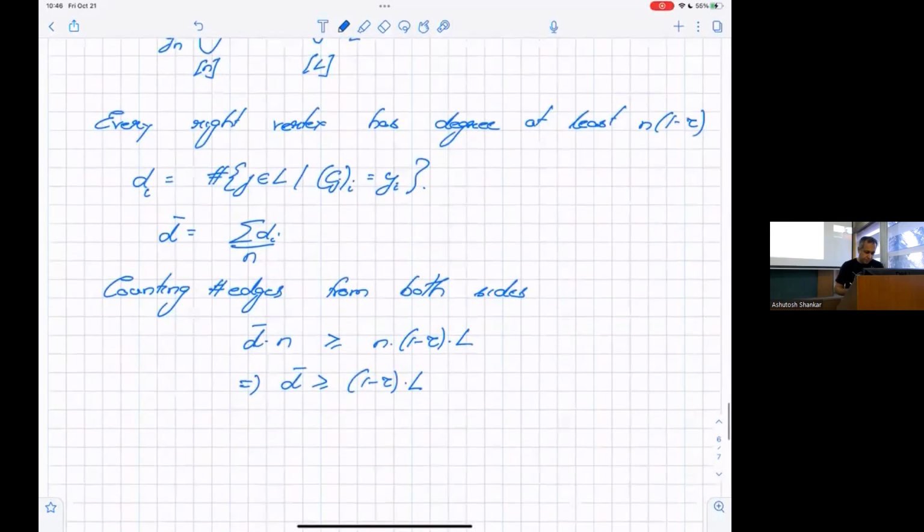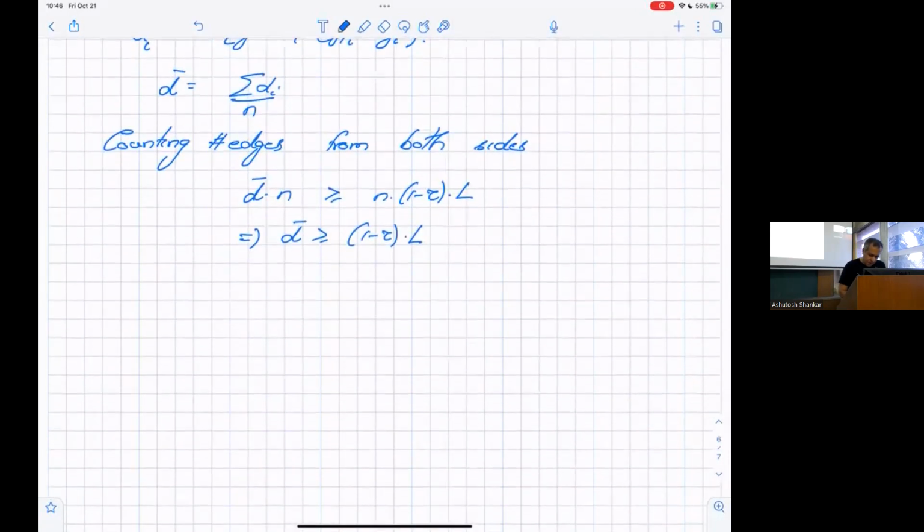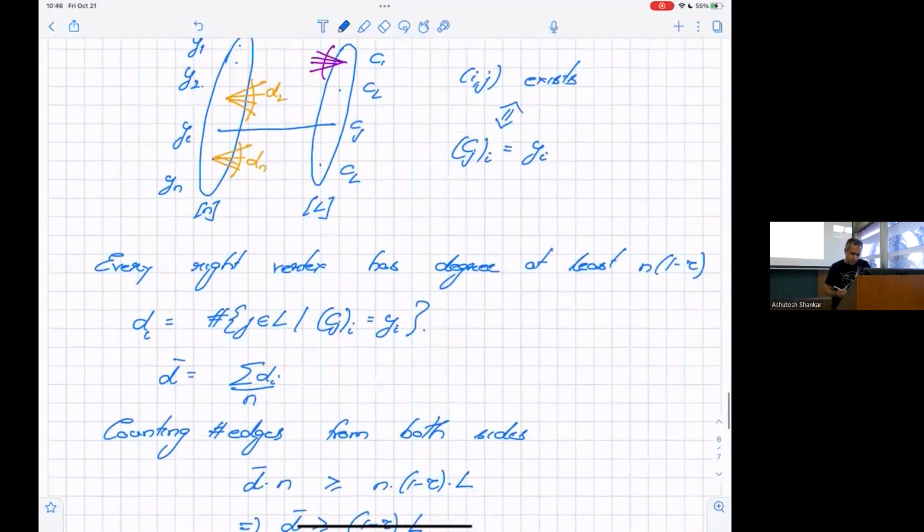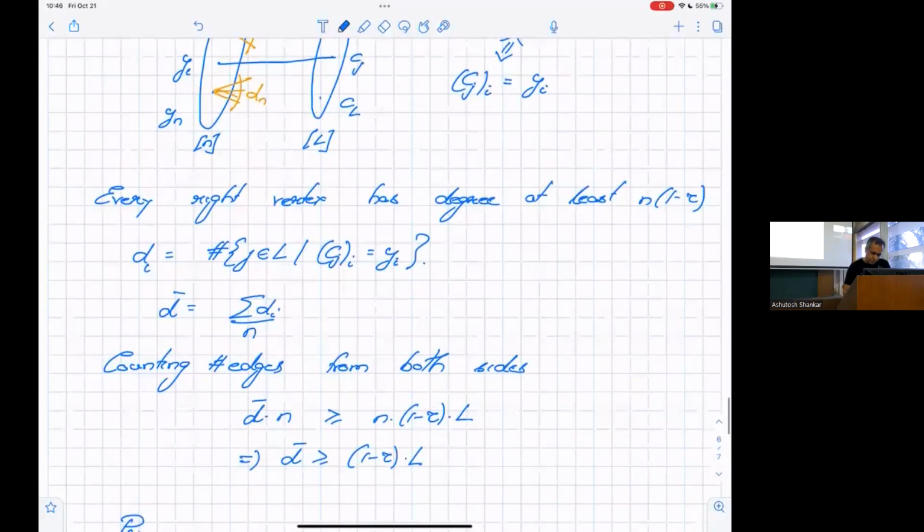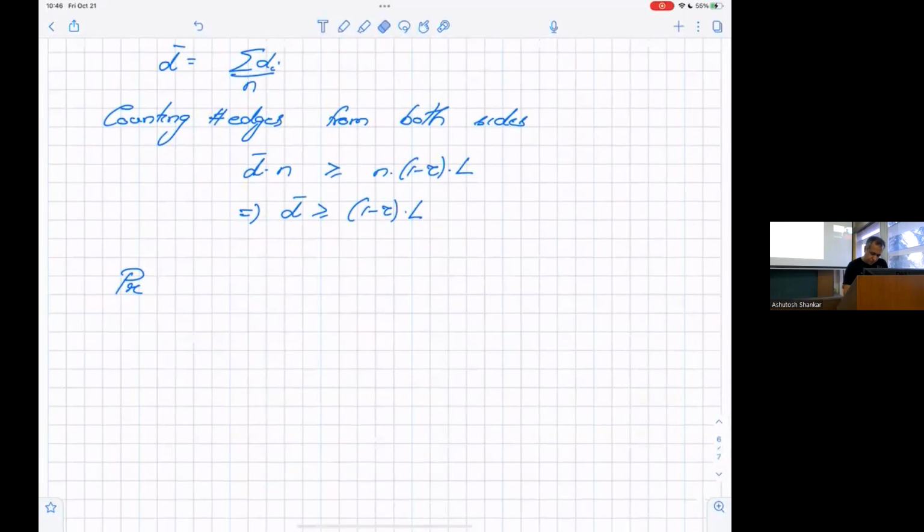So let's pick J1 and J2 at random, and let's ask what is the probability that i is adjacent to both J1 and J2.